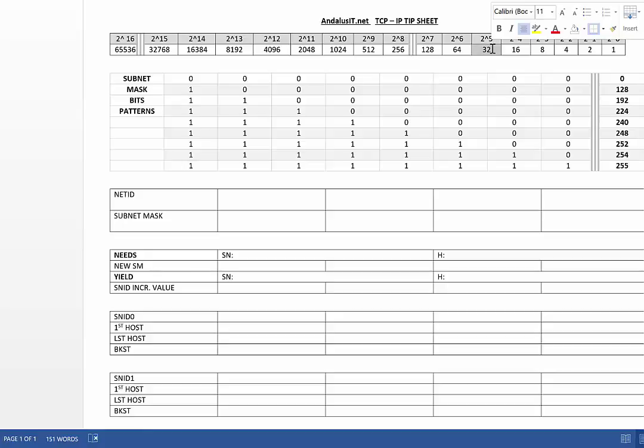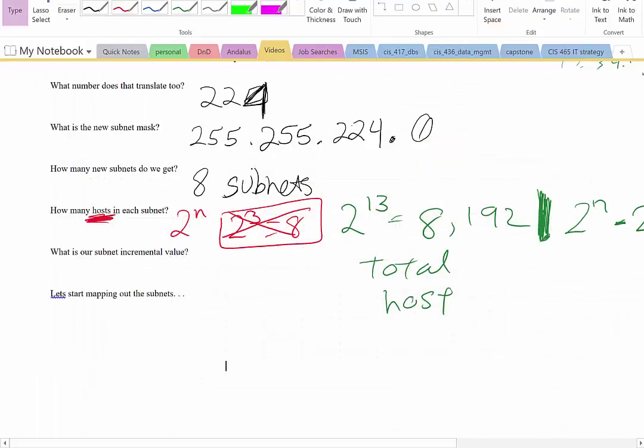And the 3rd place where that 1 would fall, if I try to imagine it overlaying on top of this table, then it's in the 32 spot. So that means my incremental value is 32.